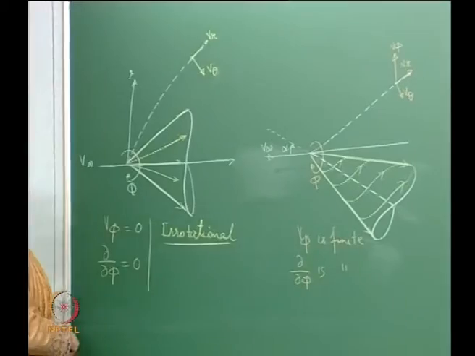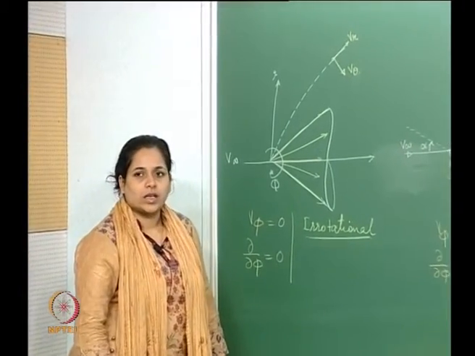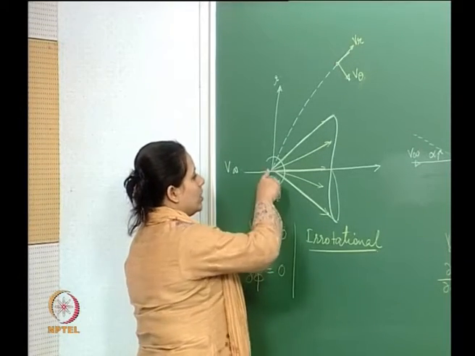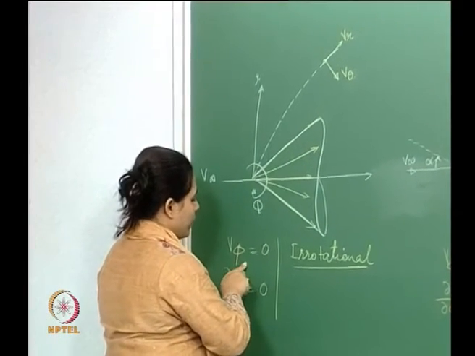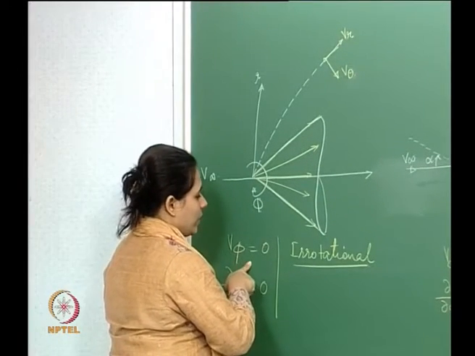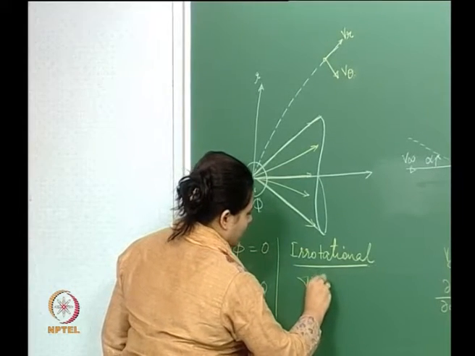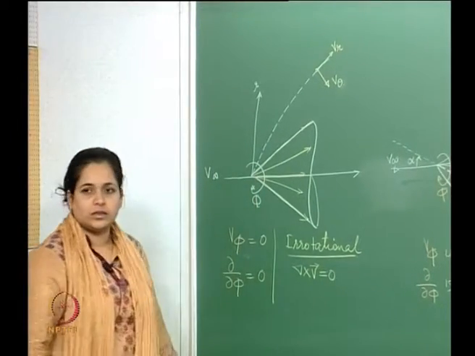So, this was a statement that for the axisymmetric case here, the flow is irrotational. Since V phi is 0, del cross V in this case is 0.